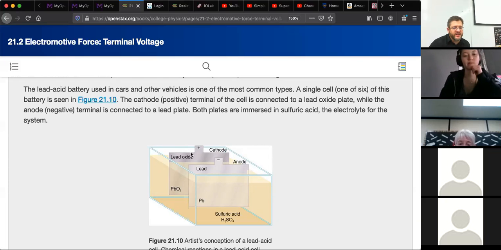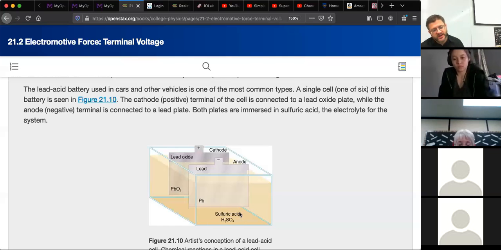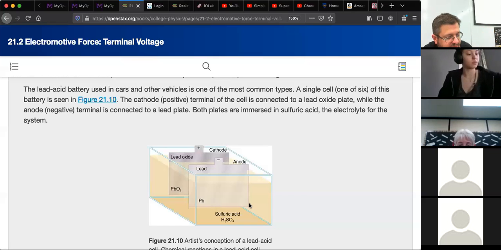But what they do is they immerse both of these inside of sulfuric acid, H2SO4, and the sulfuric acid essentially, when it's in this situation, separates into hydrogen and sulfate. SO4 is sulfate ions.